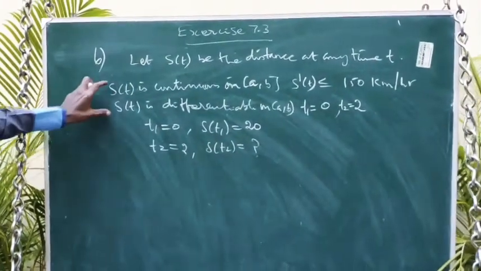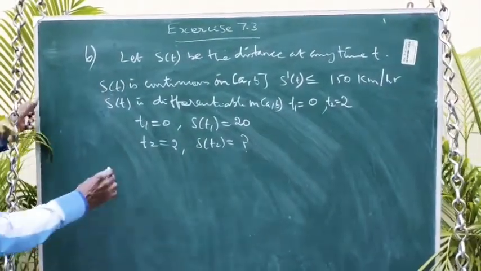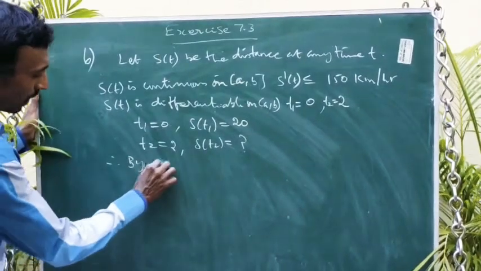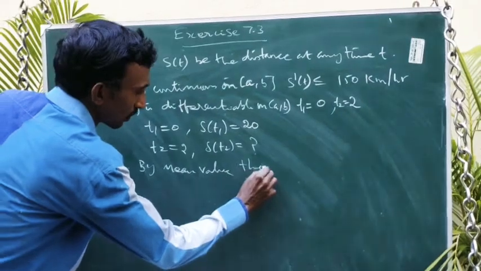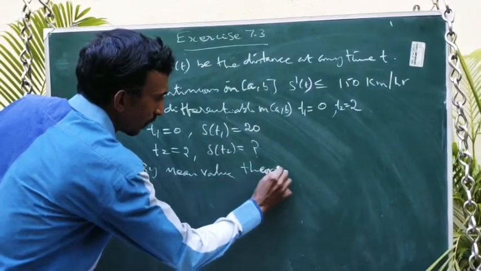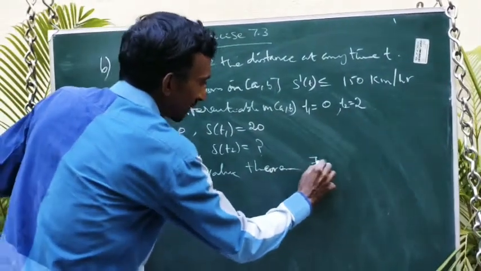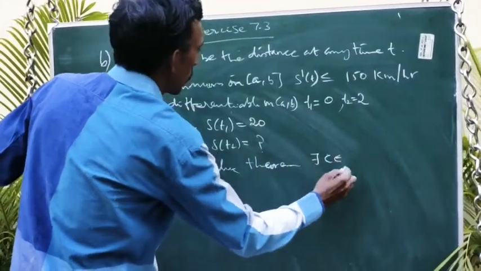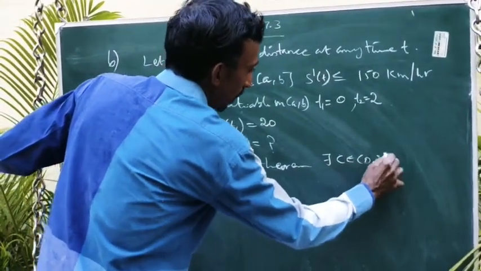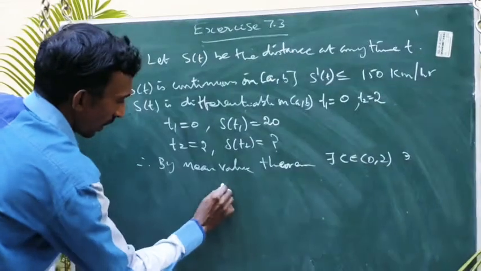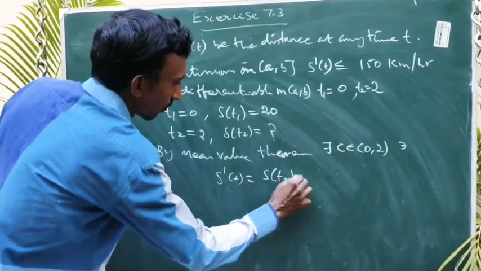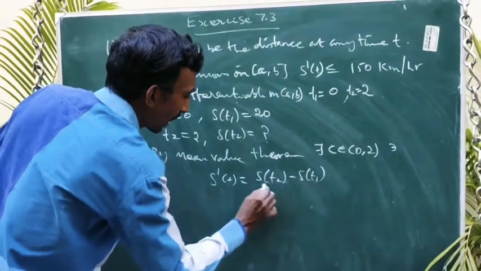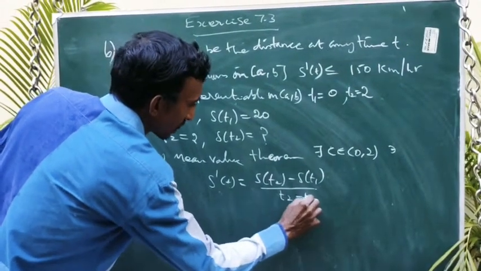Okay. So first continuous and differentiable. Therefore, by mean value theorem, there exists c belongs to open 0 comma 2 such that s dash of c equal to s of t2 minus s of t1 by t2 minus t1.